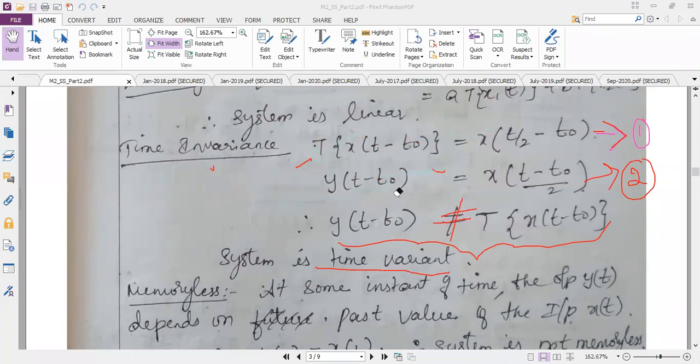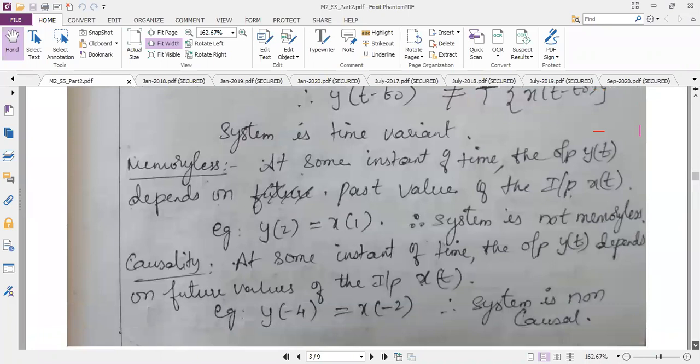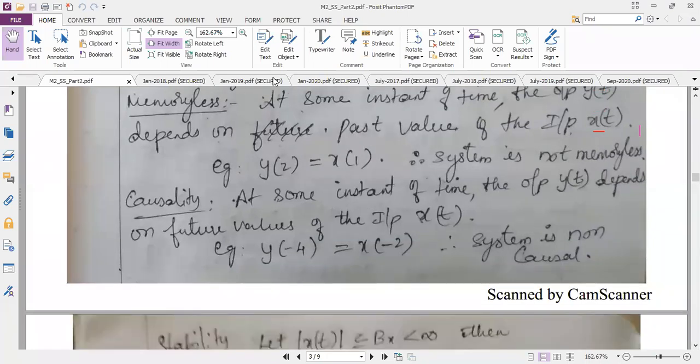So memoryless, I'm going to give you a hint. Memoryless and causal, for that I'm going to give you the hint. Before we solve it, I want you to write that hint. The hint says that if your y of t is equal to x of scaling factor multiplied with this t, you know what is the meaning of scaling factor?